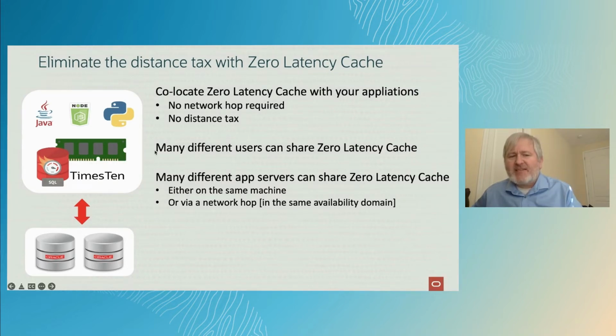So that's the best case. You can't always achieve that. You may need to have one or more network hops, but what you want to do is try and minimize the number of network hops. Now, if you have a good cache, that means that multiple applications, application servers, and users can all share that same cache.